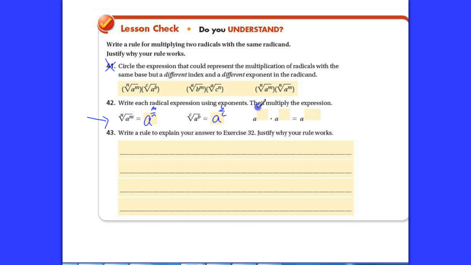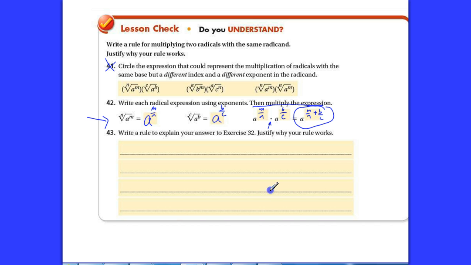Now it says write the radical expressions using the exponents. Then it says multiply the expressions. So if I have a to the m over n times a to the b over c, what's the rule when I multiply exponents with the same base? The rule is you add the exponents. So that's m over n plus b over c. Since those are variables that are not like terms, that's really the only thing you can do with that.